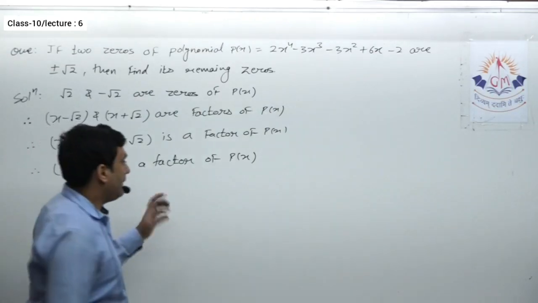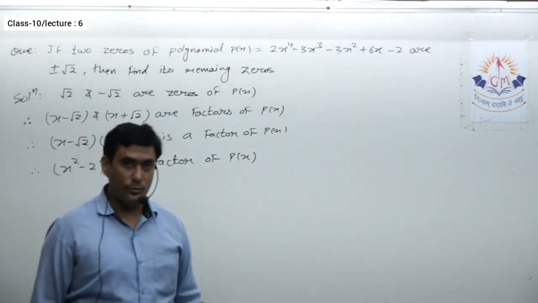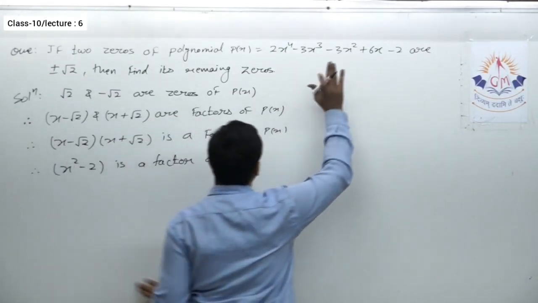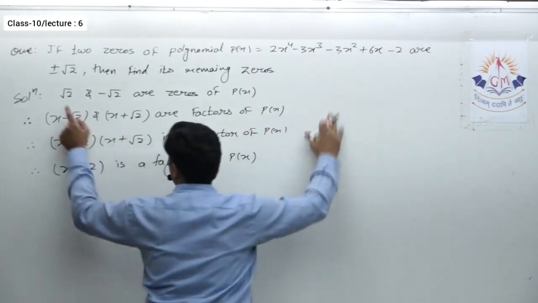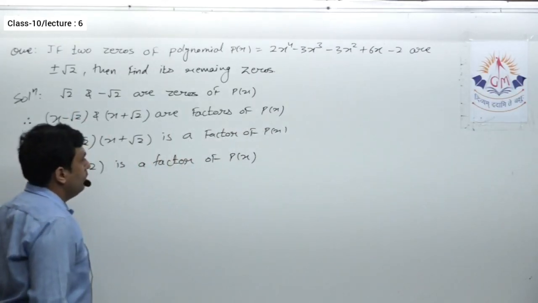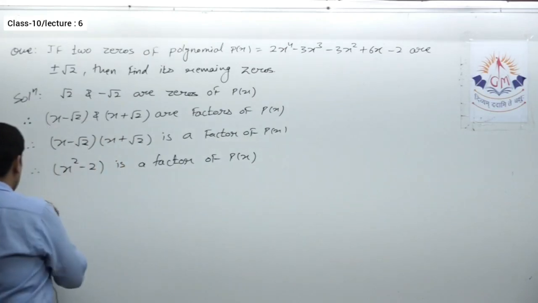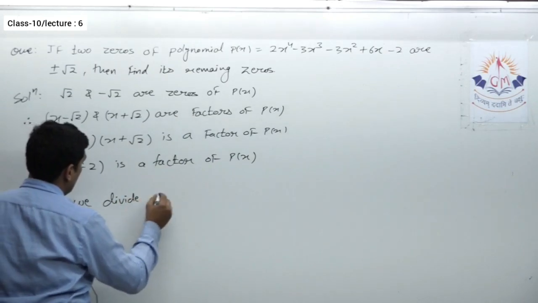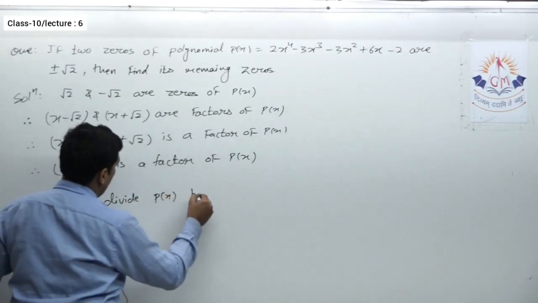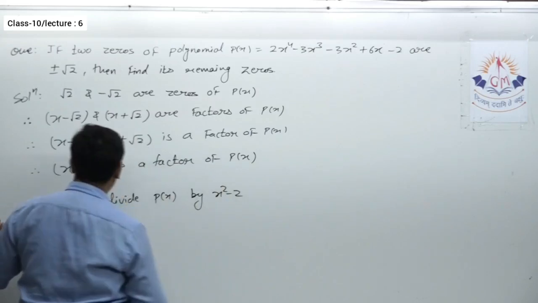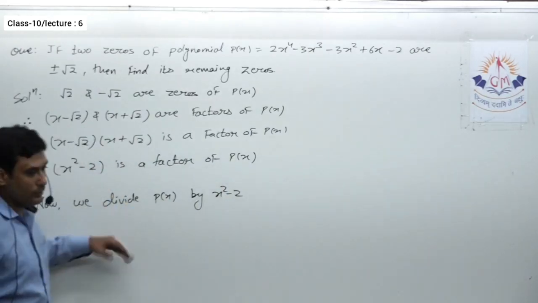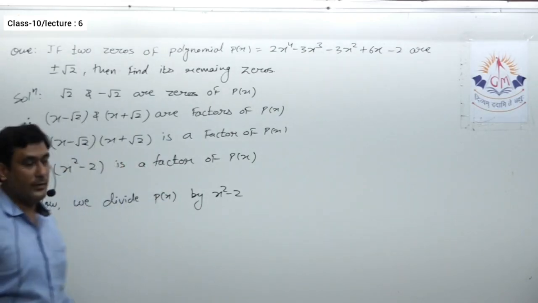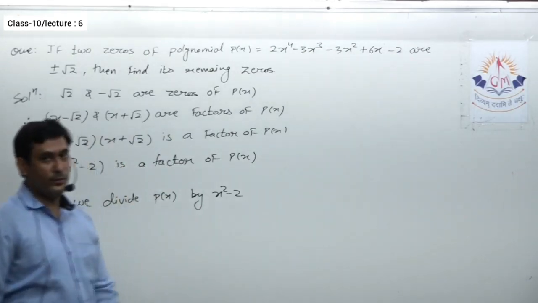When I factorize that quotient polynomial, I will get the remaining two zeros. So now I have to divide p(x) by x^2 - 2. Note it down, then we'll see its division, and then we'll come to the part in which we'll find the remaining zeros.